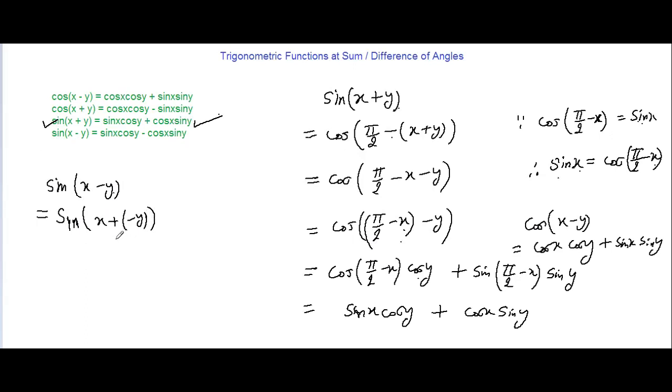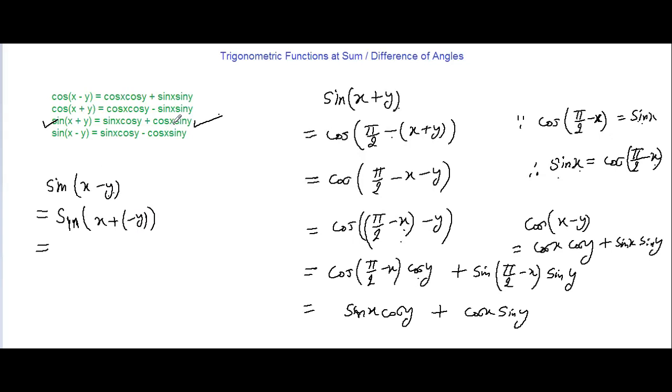These very little facts are very important. So now this formula is in the form of sine of x plus y, but y is to be replaced by minus y.